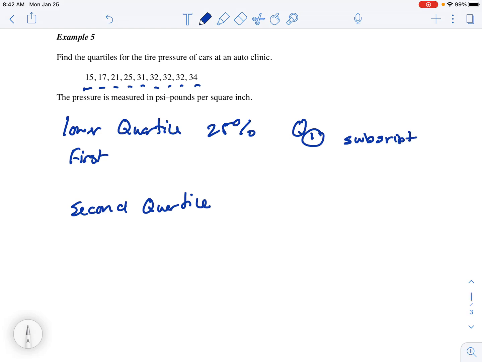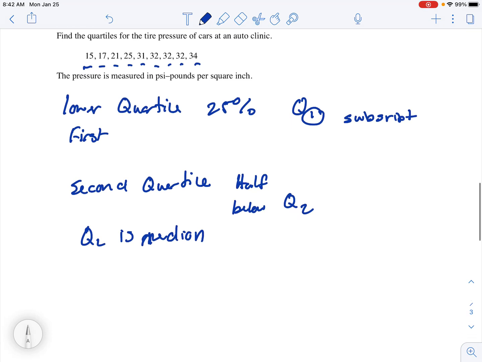Okay, the second quartile is half the numbers below Q2, and half are above. So Q2 is the median. Sorry for the writing.